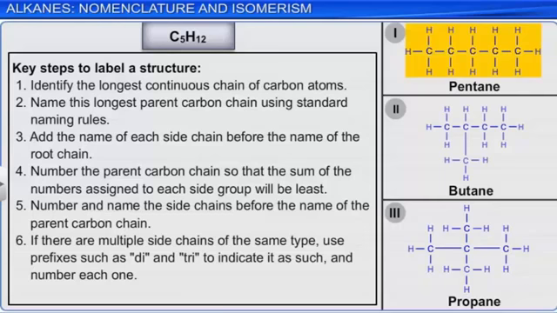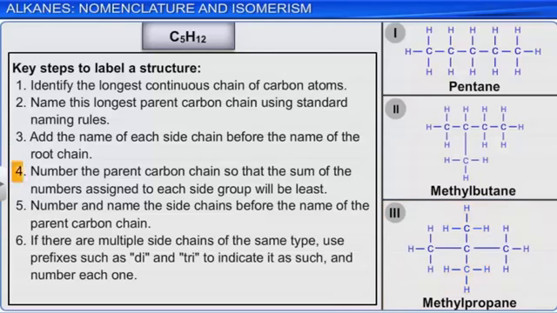Since structure 1 doesn't have any branches, its name is pentane. Now, in structure 2 and 3, add the name of each side chain before the name of the root chain. So, in structure 2, we add methyl before butane, and in structure 3, we add methyl before propane.